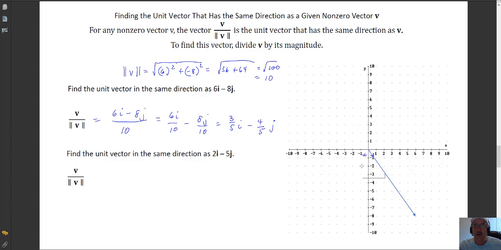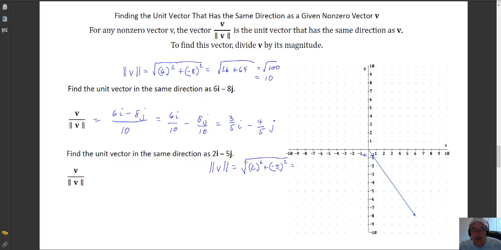All right, so I wanted to show the graph on one of these. So let's do one more of those just to make sure that y'all understand it. On the second example here, it says find the unit vector in the same direction as 2i minus 5j. So again, we need to get the magnitude of this vector, which we will say is the square root of 2 squared plus negative 5 squared.